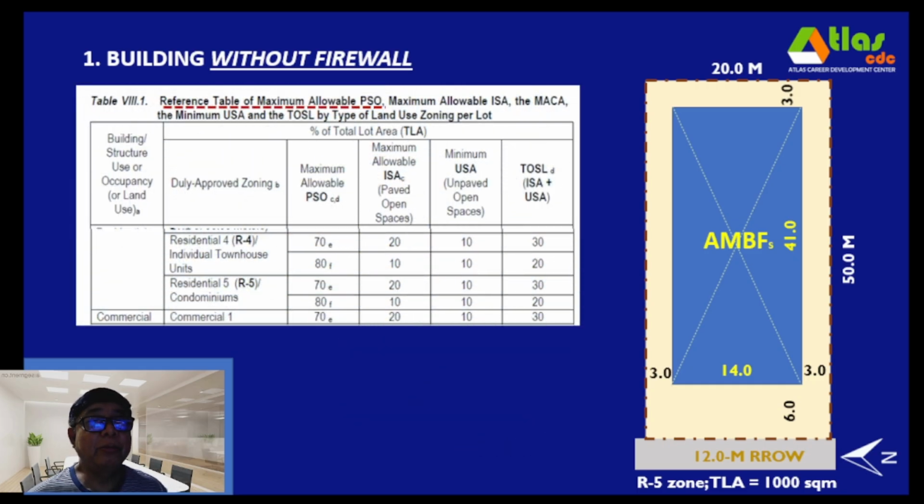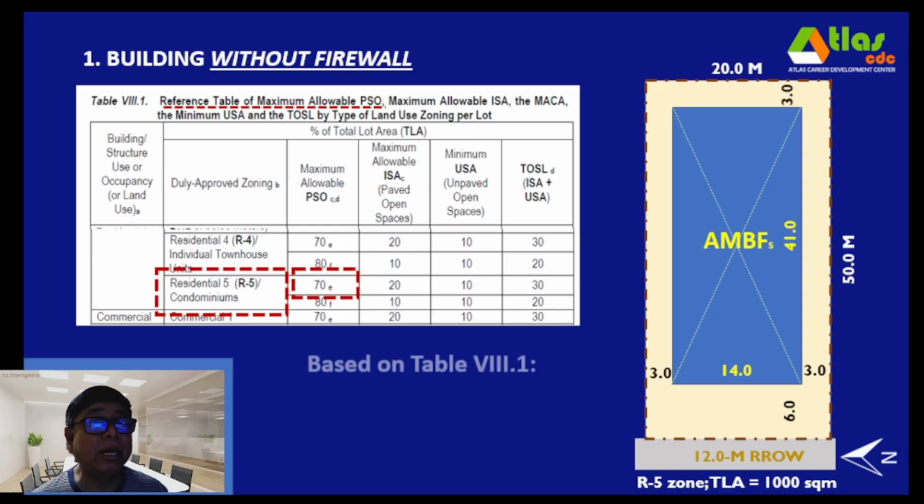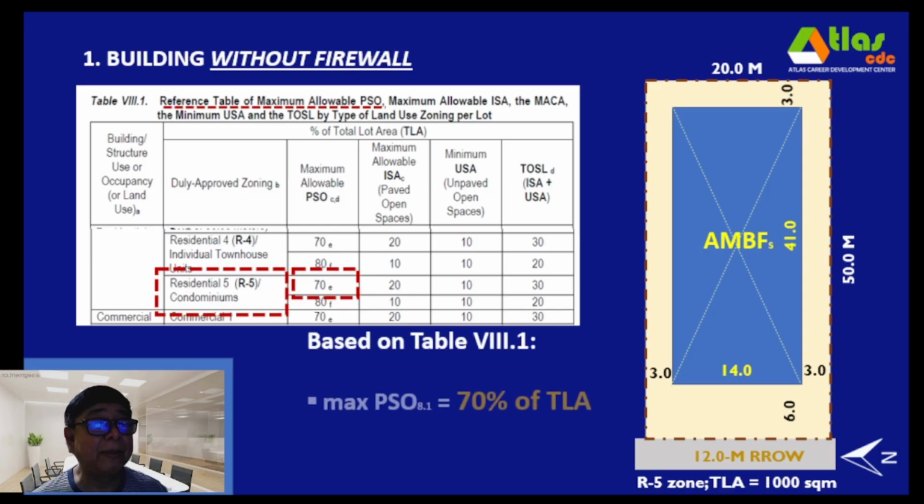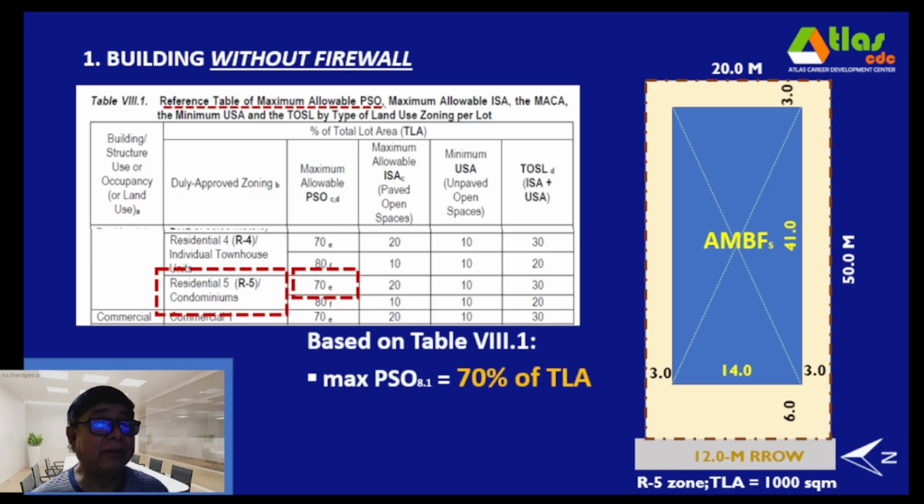Now we have to compare our initial value of the AMBF, maximum PSO, with other references like this one, table 8.1, the reference table for the maximum PSO, and if we look at R5 dito, without firewall, shows 70%. And 70% of our total lot area will give you an AMBF of 700 square meters.